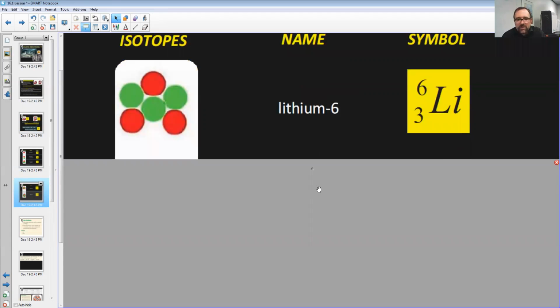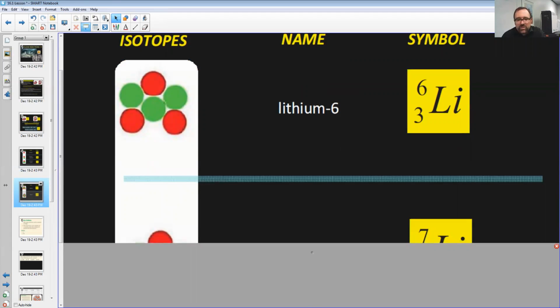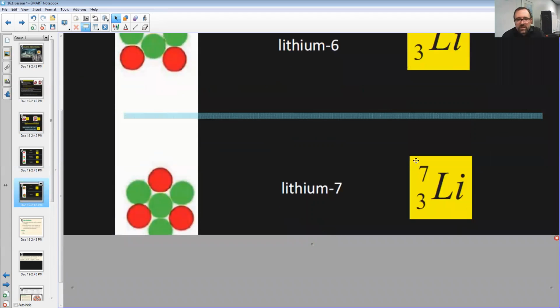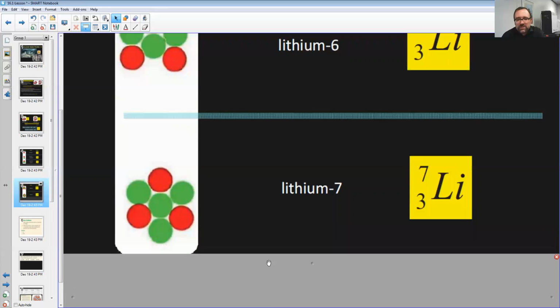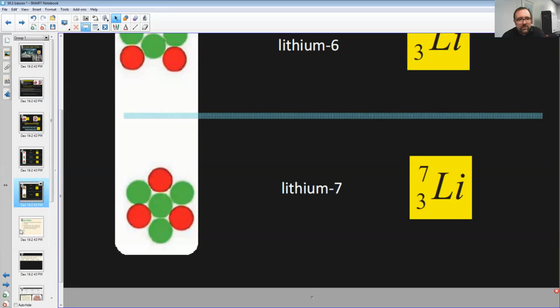If we take another example, the isotope lithium 7, the 7 represents the total number of protons and neutrons. Add them both: 3 plus what makes 7? As we realize, that's 4. So there are 4 neutrons in lithium 7.